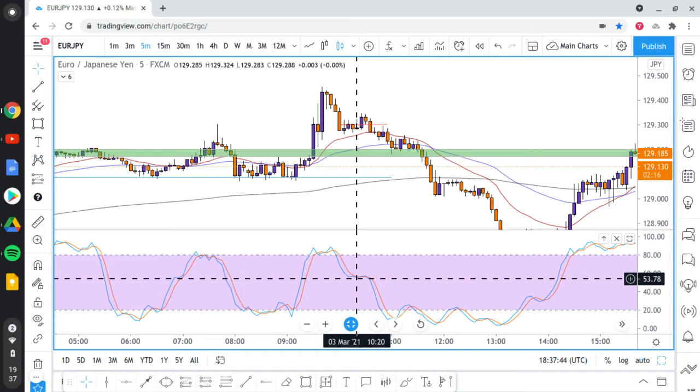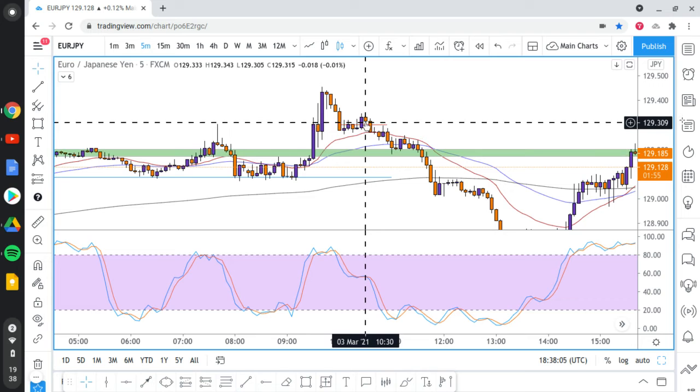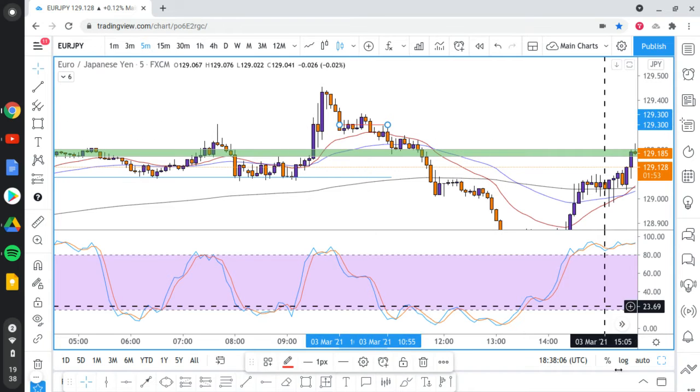Whenever it's back at the 50 area of a stochastic, whenever it's in a strong trend, it can't go all the way back to overbought or oversold. So in the middle area, you could see that as enough of a pullback if the higher time frames are saying to you that it makes sense. But anyway, I didn't take this trade.